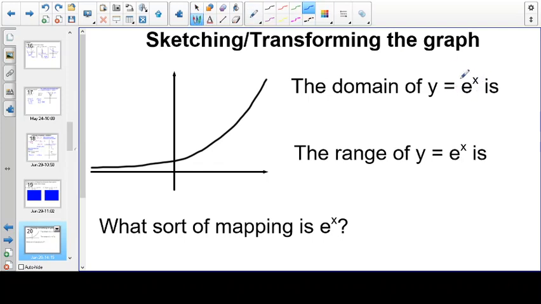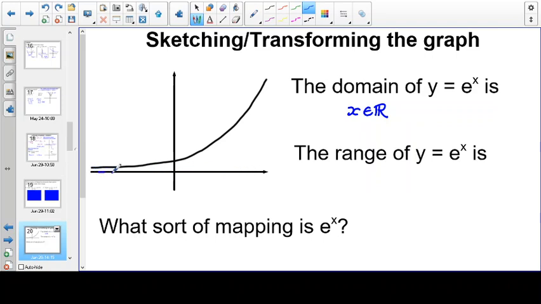E is special because its gradient function is also the same. But E, in terms of a sketch, looks like any other exponential. So the domain of E is anything. The range of E, well, the range is restricted because of this asymptote.